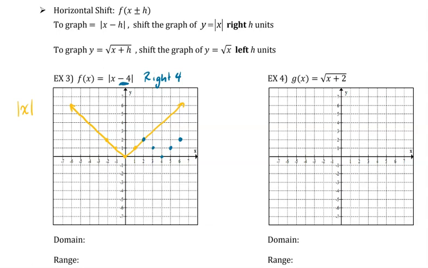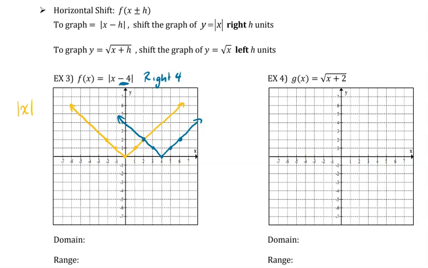You can literally just count them over just like we did before with up and down. Once we have that, we can go ahead and draw our same V.